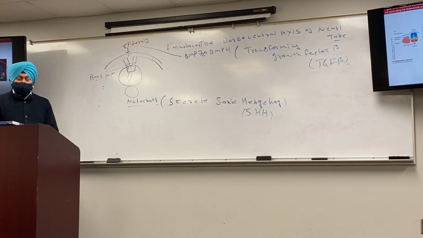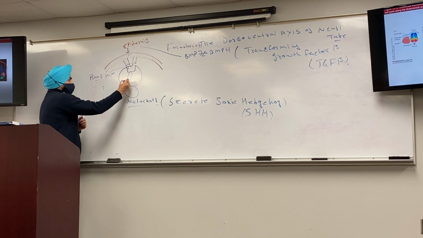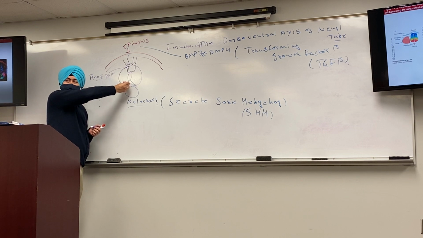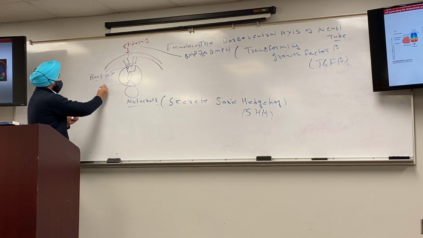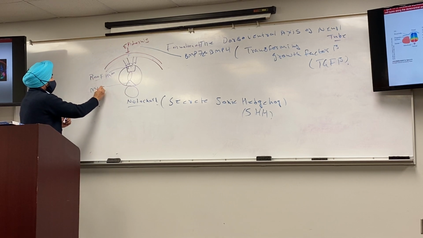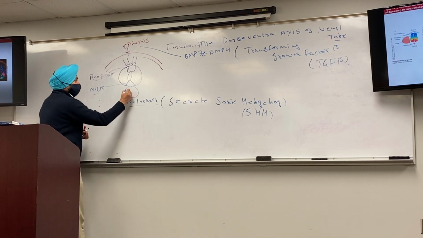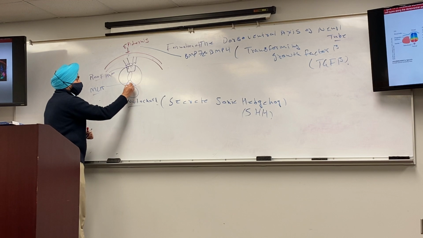Okay. Now the cells here, what is the name of these cells? Mediolateral hinge, right? So these are the MLH cells, mediolateral hinge cells. So these cells are getting a lot of sonic hedgehog.